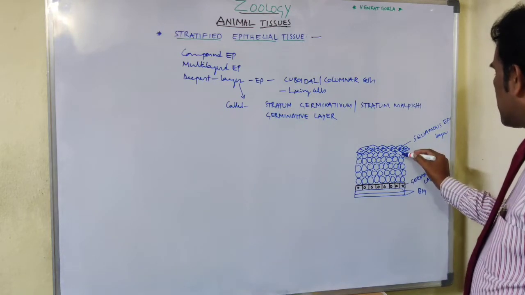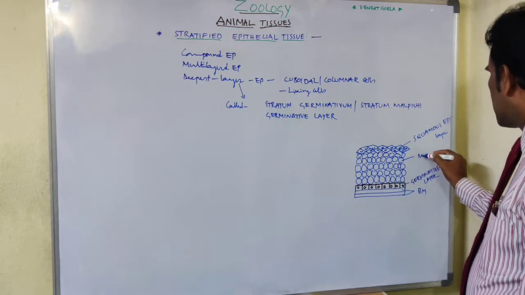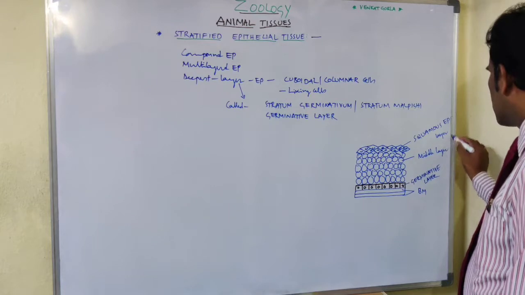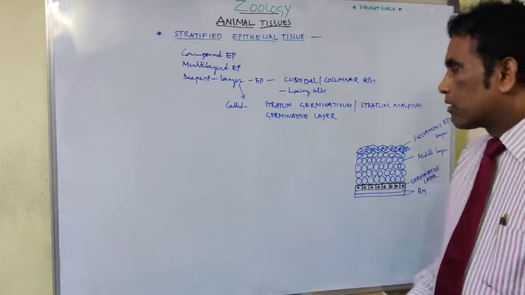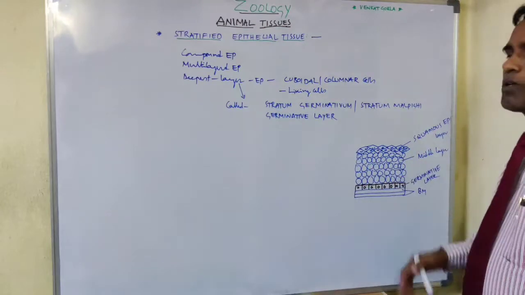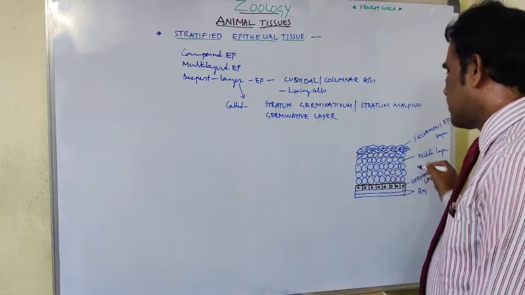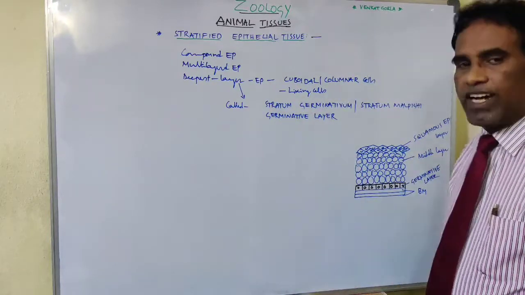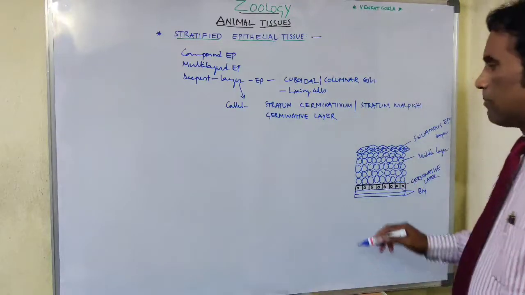Now these middle layers of cells are called polyhedral. So the germinative layer is the innermost layer, and the middle is made of polygonal, polyhedral cells. Above is the superficial surface, where we have flat cells with a nucleus, which we call squamous epithelium.